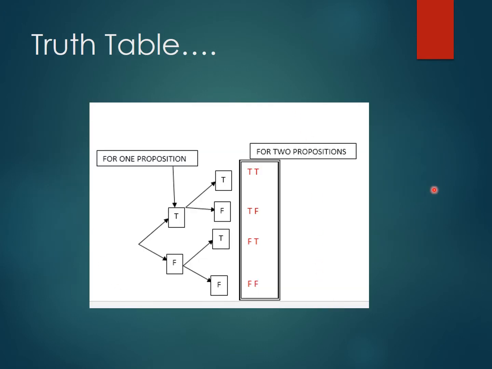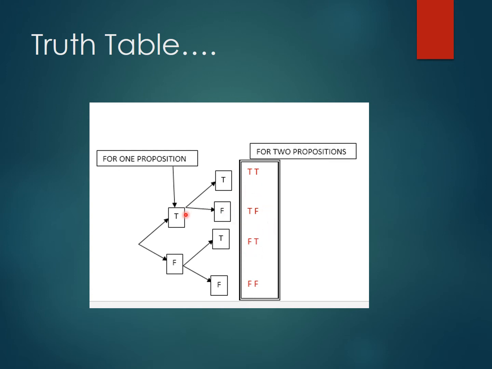Now this is a diagram that will tell you, if you have one proposition or two propositions, what should be the values in the truth table. If we have one proposition like P, then it will have an answer either true or false. Then only two possibilities will be here in the truth table. If we have two propositions, then by the tree diagram, we can get the possible outcomes.